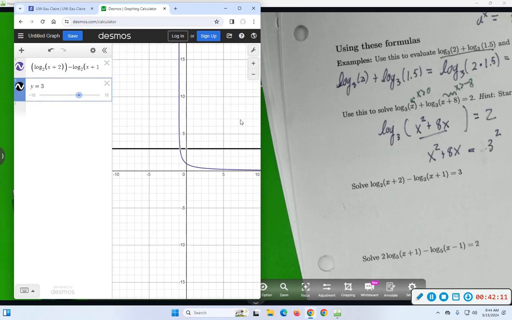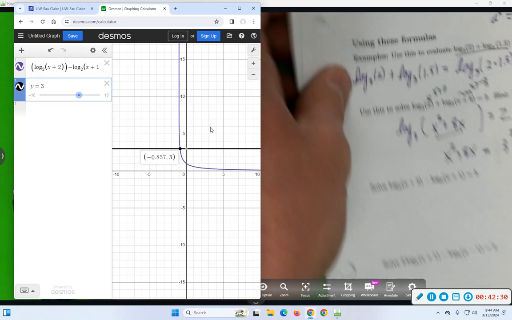All right, same question. How many solutions does it look like there are? Just one? It looks like that solution is around negative 8.57. The graph's not giving us an exact value. That's probably not exact anyway. Let's see if we can solve this then.